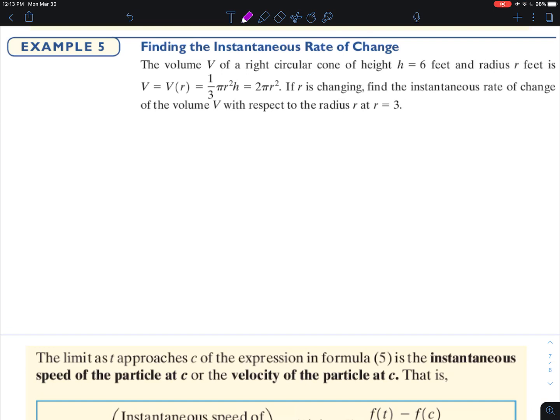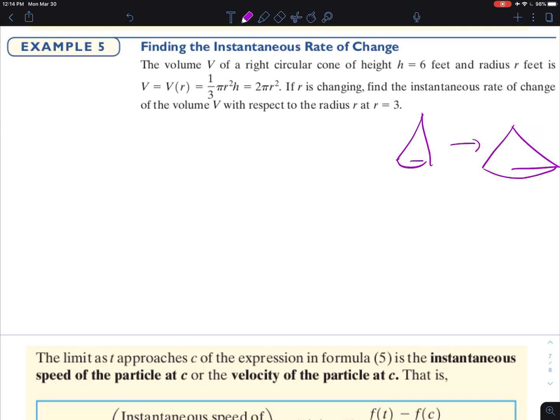All right. Now, I guess the idea would be you've got a cone and the radius is changing, so all of a sudden it's going from that to that. The volume is increasing, so we're trying to find the rate that the volume is increasing as this radius increases, but keeping the height fixed and all that other stuff.